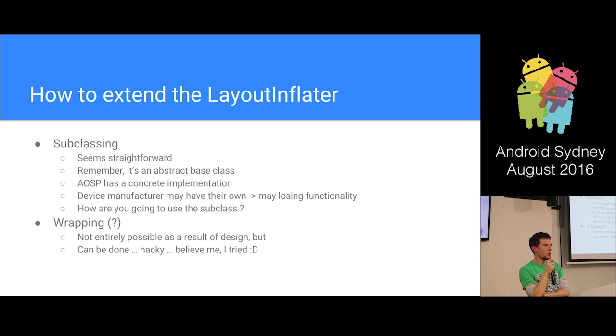TextView is in the framework, but nobody prevents device manufacturers from having their own subclass of TextView, which means if, let's say, Samsung adds a new prefix and the prefix has a TextView in it, then if you are creating the view, we are going to return the platform implementation. So anything that Samsung added to support their design, their layout, whatever they need, is going to be gone. So in the end, your layout will be inconsistent with the platform or inconsistent with whatever customization the manufacturer added on.